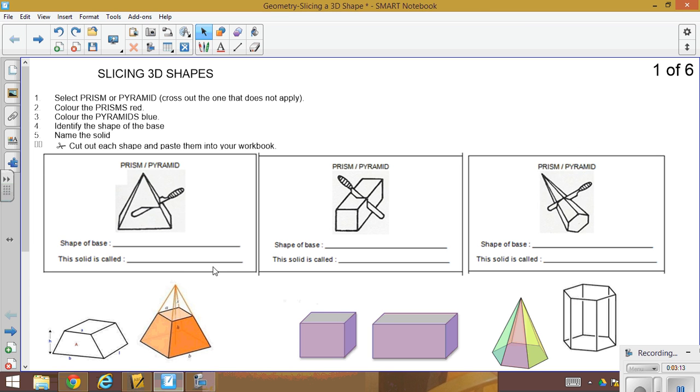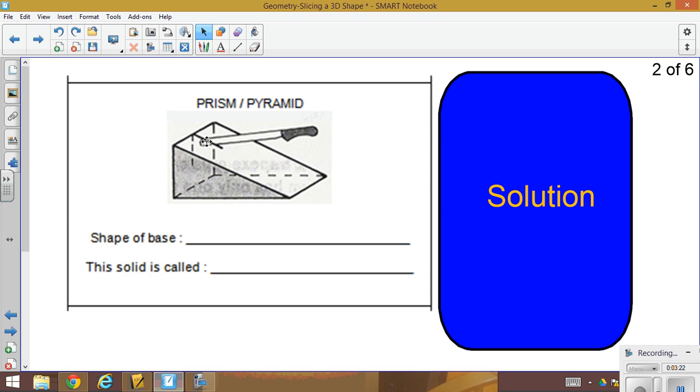Okay, so if we cut all these shapes, this is what the top and bottoms would look like. Let's turn the page. Okay, so name the shape of the base and the solid. Our shape here would be the triangular prism, so the base is the triangle.